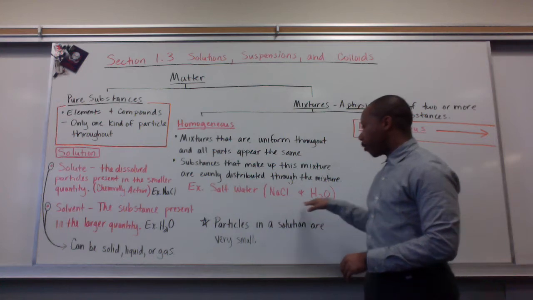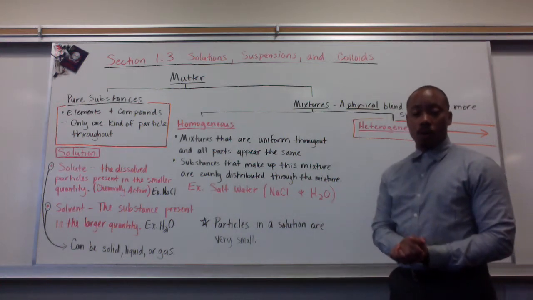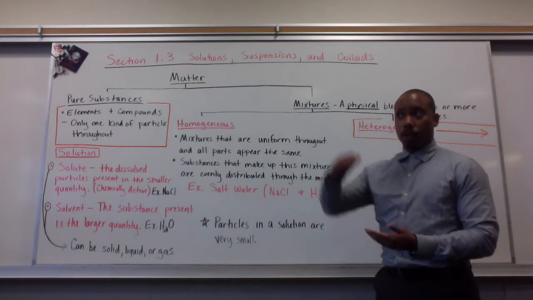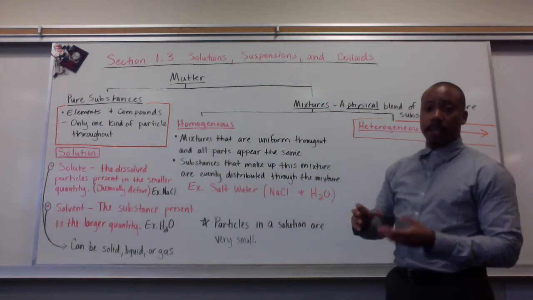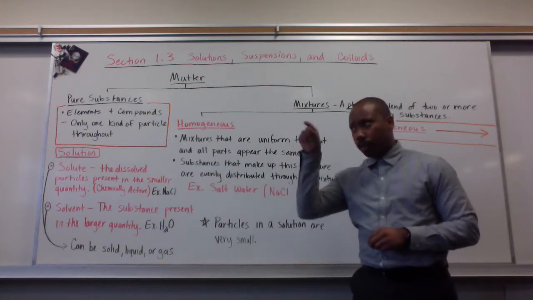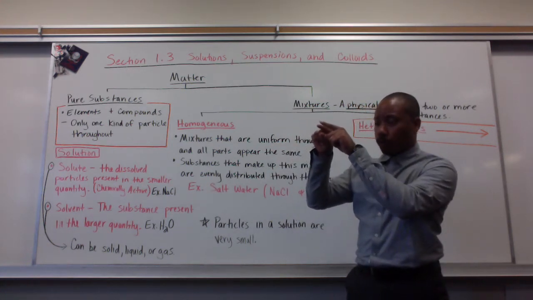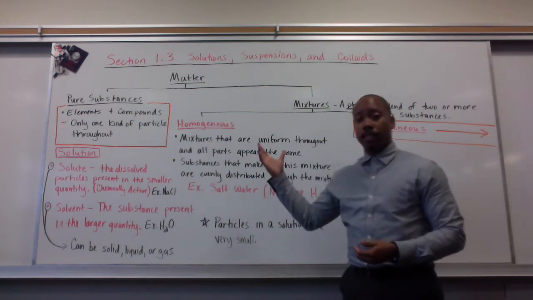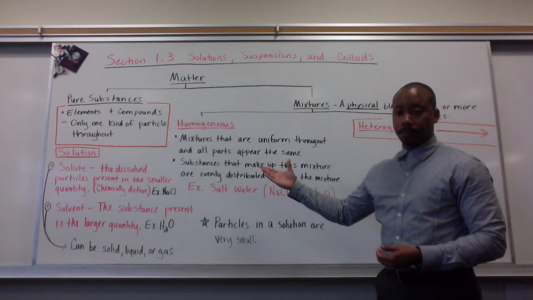And we mixed those together, NaCl and H2O, and we created a homogeneous mixture. You could see clearly right through everything. One part of the mixture didn't look different from the other. I couldn't point out, hey, there's the salt, and there's the water over there. You couldn't do that. Everything looked uniform in nature. That is an example of a homogeneous mixture.